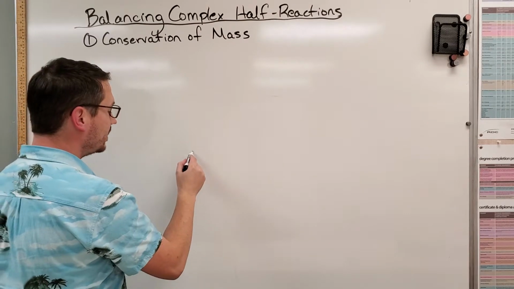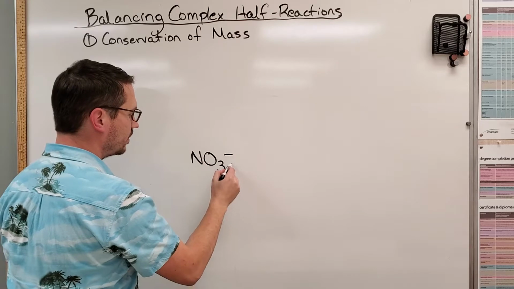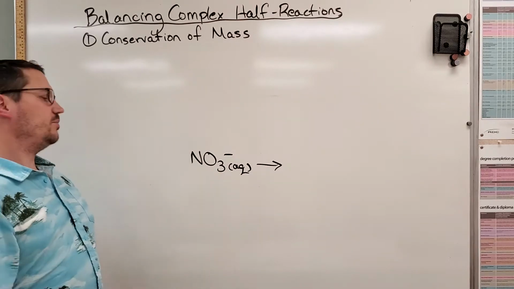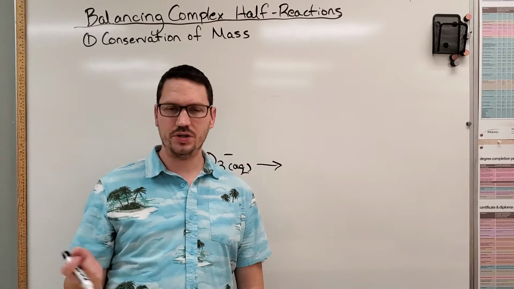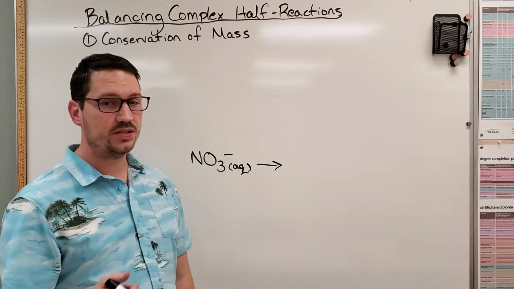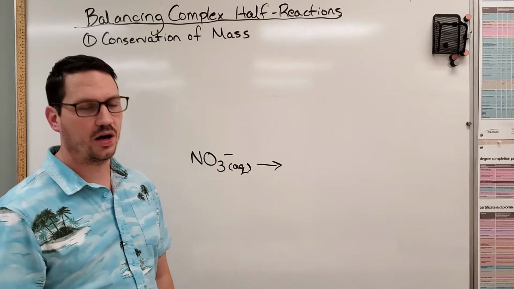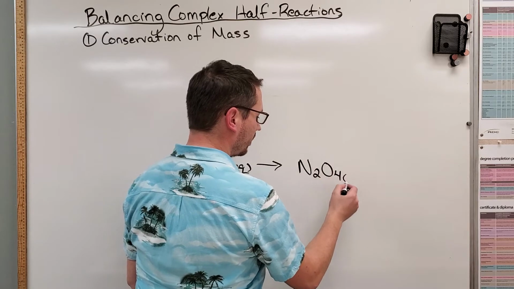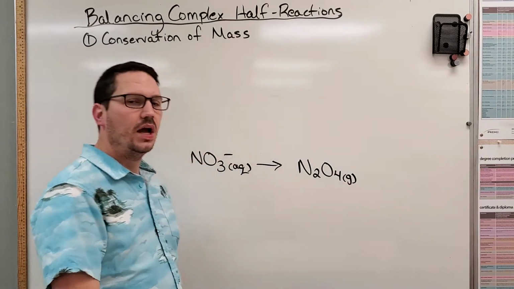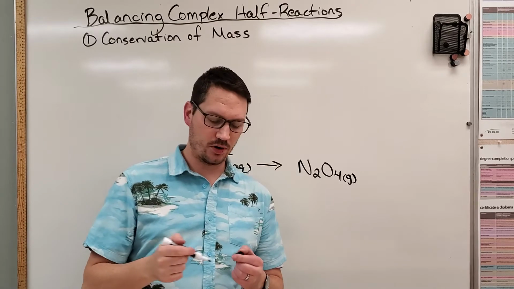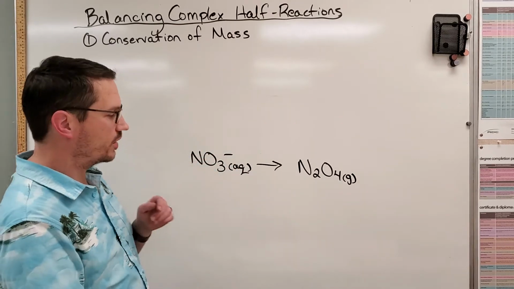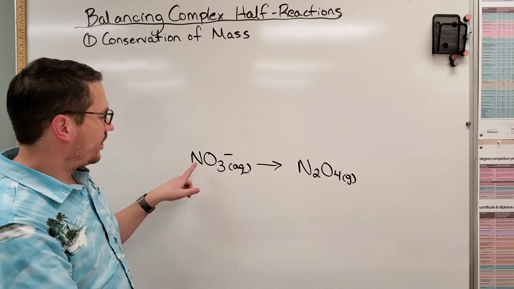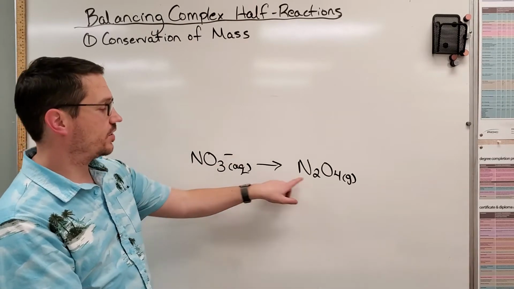Sometimes if you take nitrate ions, so NO3-, under certain conditions, they can get turned into dinitrogen tetraoxide, N2O4 gas. We've seen N2O4 gas before, just briefly in the equilibrium unit. But hopefully you can see here that the NO3-, the nitrate ions, are turning into something.